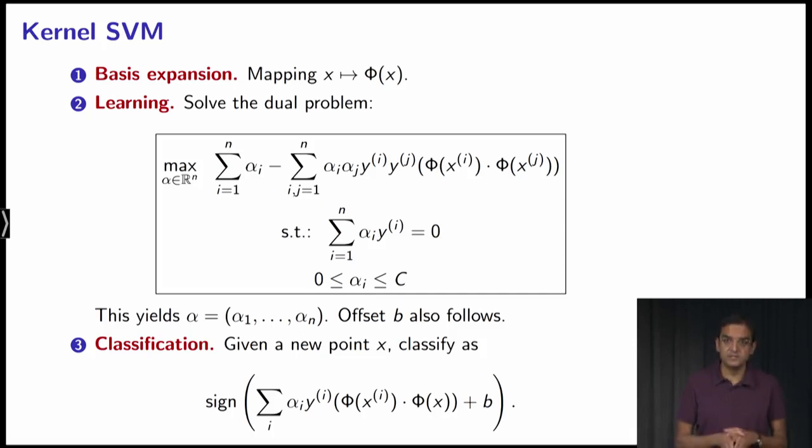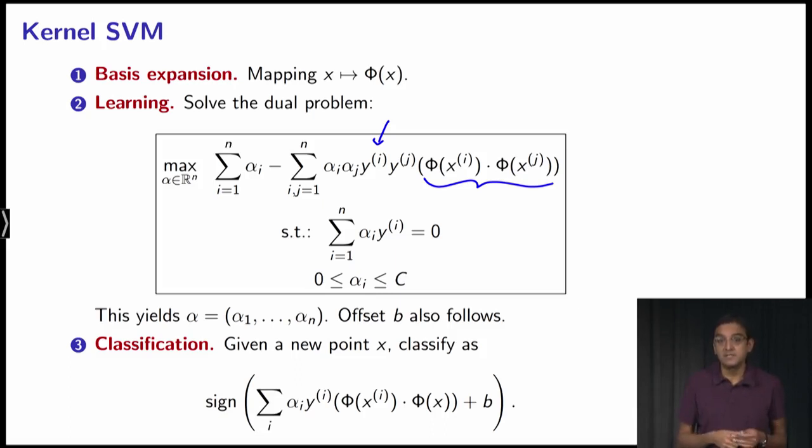Okay, so what information do we have to provide? Well, we have a training set, x1, y1 through xn, yn, and we have to supply to the optimization package the labels, the yi, and also the dot products between all of these extended feature vectors, the dot products between each pair of data points in the extended feature space.